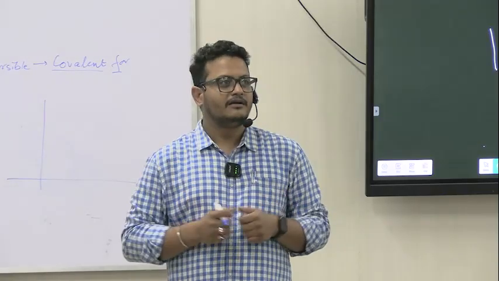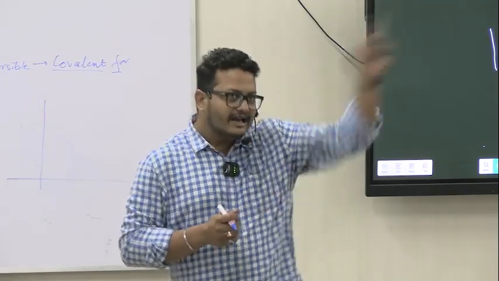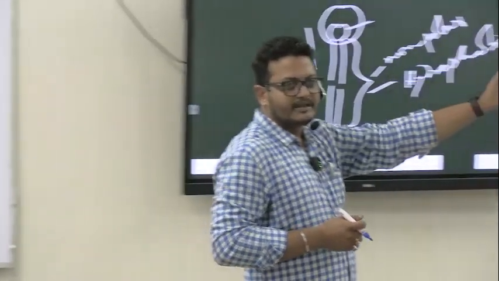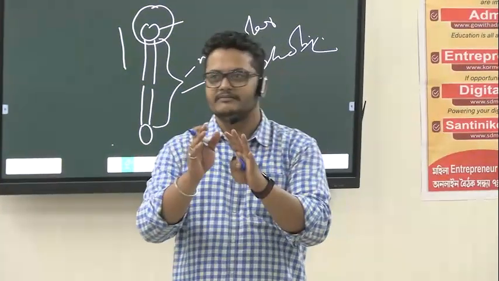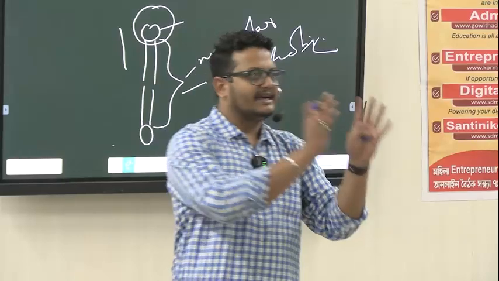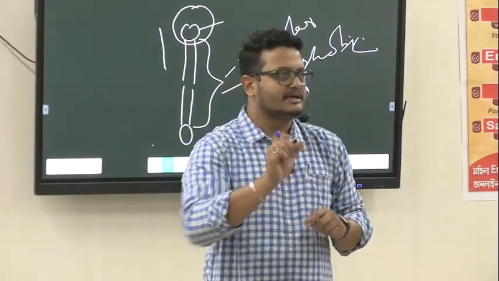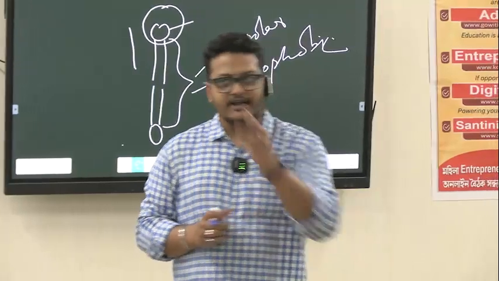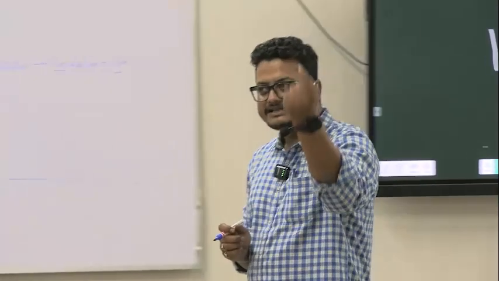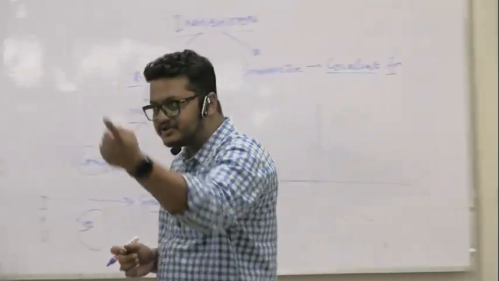Simple. You got my point? Earlier, scenario 1, there was no inhibitor, only substrate, active enzyme, and the reaction proceeds. The Km was XYZ. Now, scenario number 2, you have active enzyme, you have substrate, and you have inhibitor.